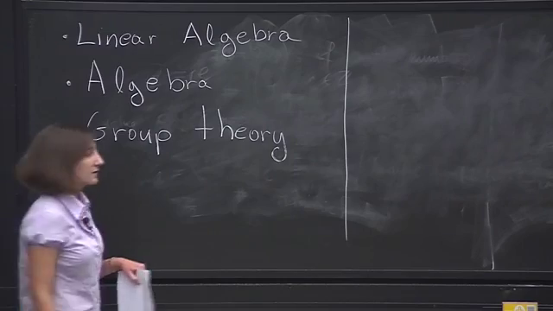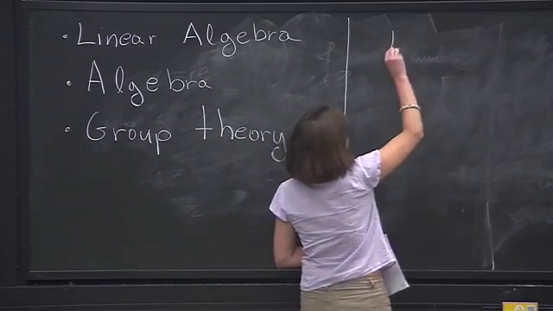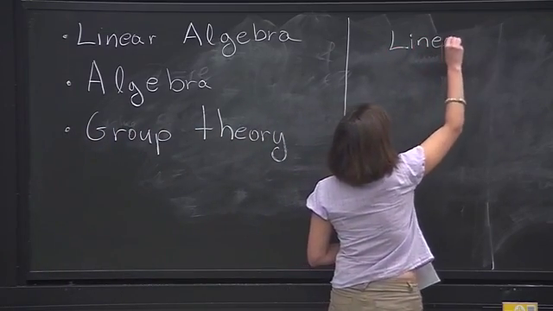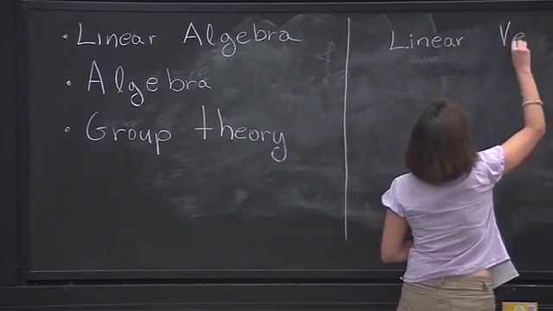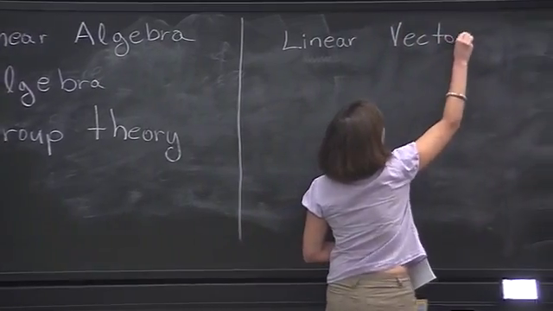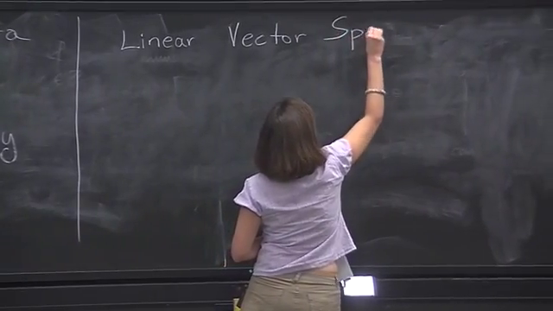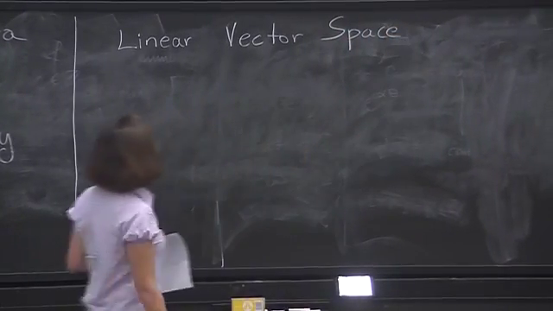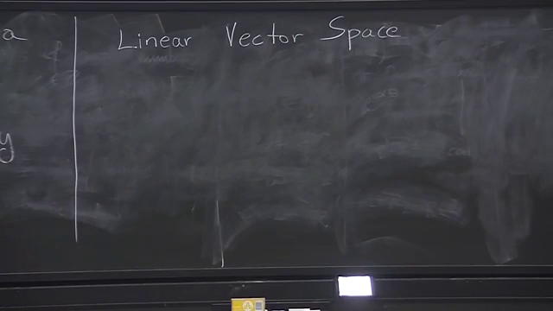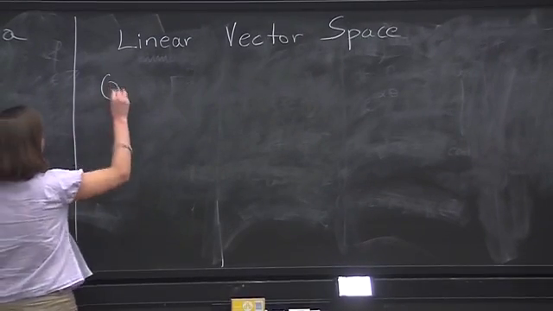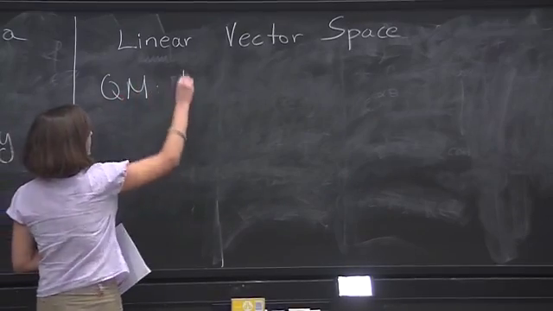start straight away with the definition of a linear vector space. And let's choose a very common example from quantum mechanics, your Hilbert space.